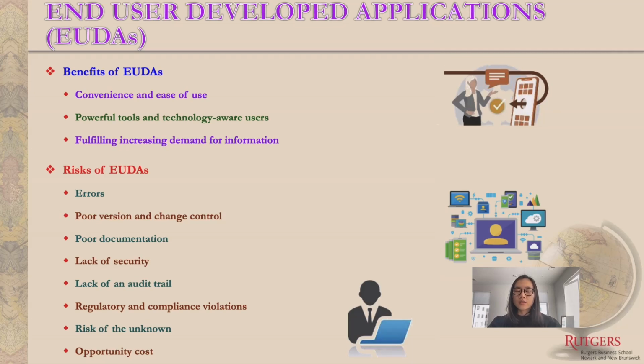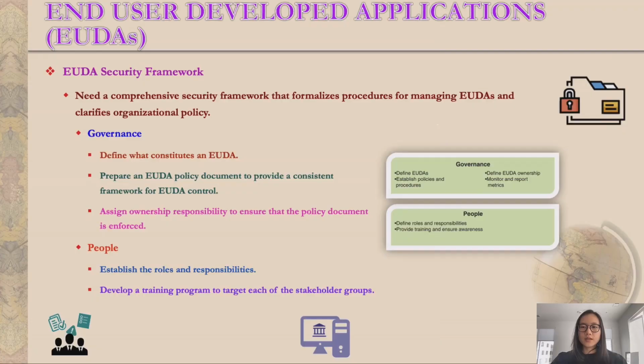This leads to a number of disadvantages and risks related to user-developed applications, including errors, poor version and change control, poor documentation, lack of security, lack of an audit trail, regulatory and compliance violations, risk of the unknown, and the opportunity cost.